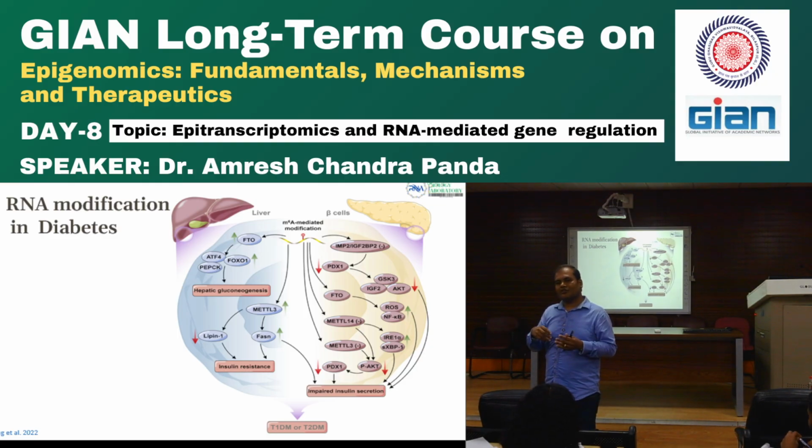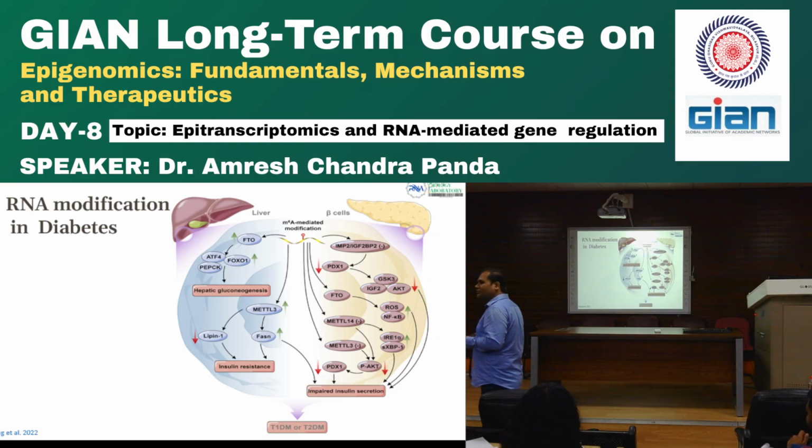Okay, both conditions can lead to an increase in glucose in the bloodstream. One of the reasons why your beta cell doesn't produce insulin is that cells don't respond to glucose, first thing.